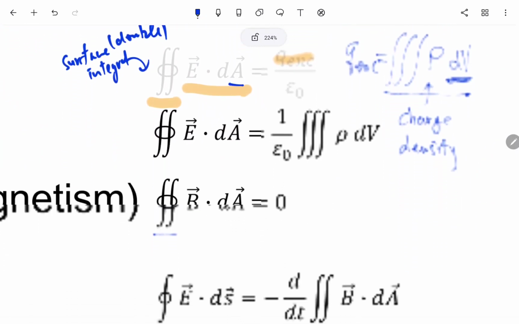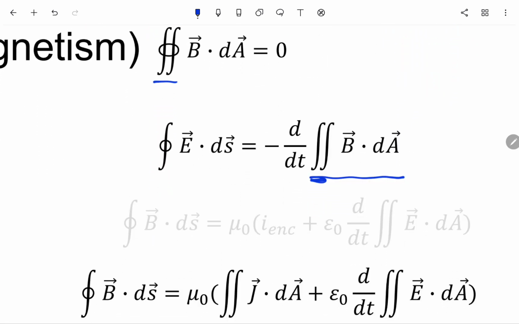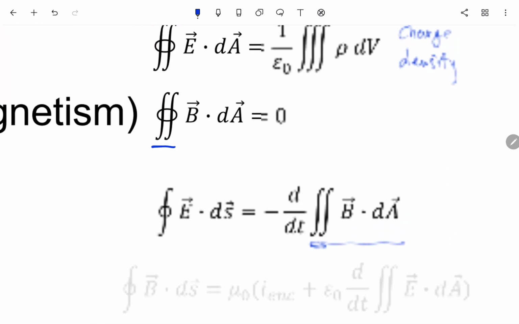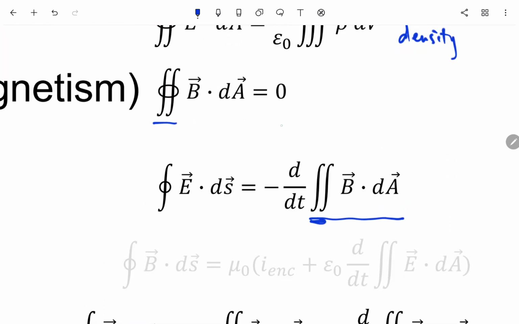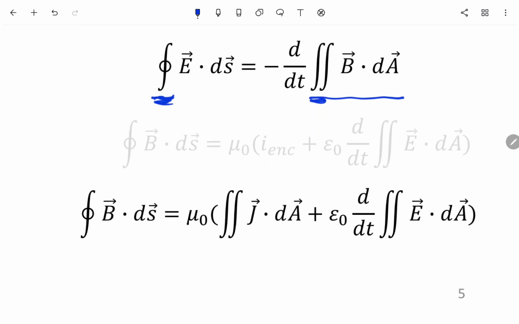Maybe we already saw it in chapter 23. This one is nothing special because the Gauss law for magnetism has a zero on the right side. For the line integral, we don't need to change anything because it is a one-dimensional integral, so we still keep a single integral sign.